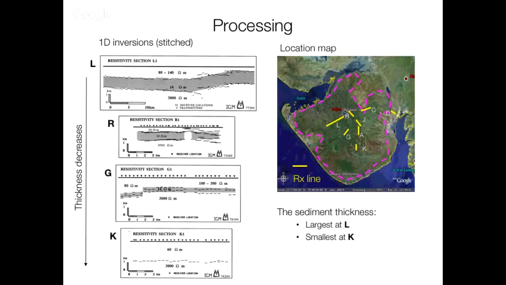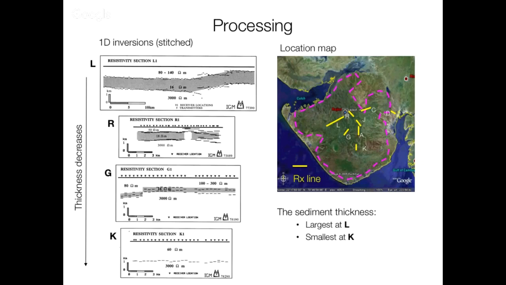Inverting them in terms of 1D on profiles, like this line here, we've got basalts up top, and then we've got sediments here. So this is 16 meters, that's more like over 100, and that's a couple thousand. Along this line you get thick sediments. As you come down through R, it's still thick, and it has an interesting feature here.